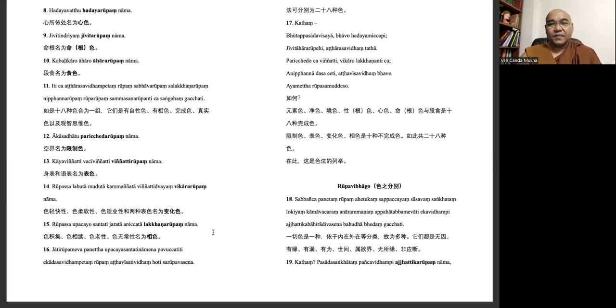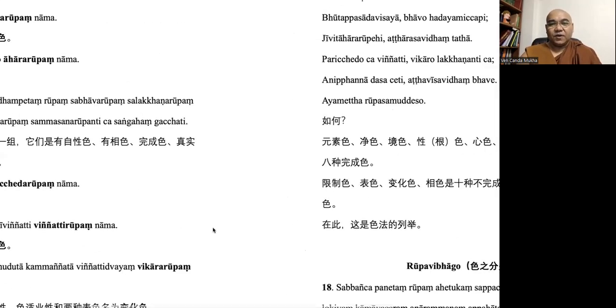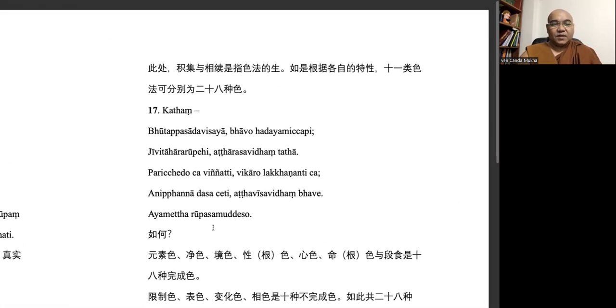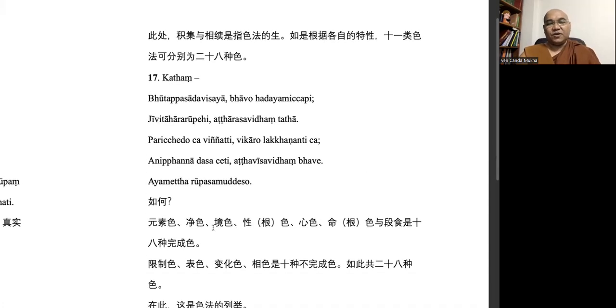So these 28 Rupas are mentioned here in Pali. They make a verse after the explanation in order to make us remember.